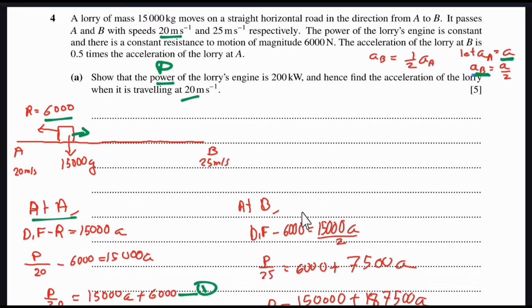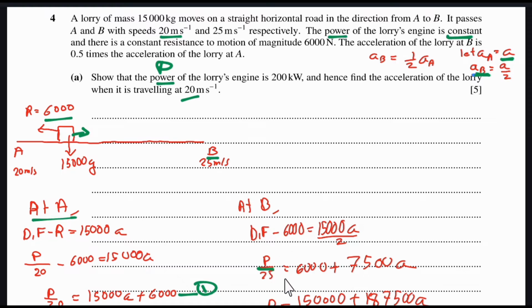And for the second expression, at point B, driving force minus resistive force is equal to mass into acceleration, and driving force is equal to power by velocity. The power is constant whether it is at point A or at B. The power P is the same.